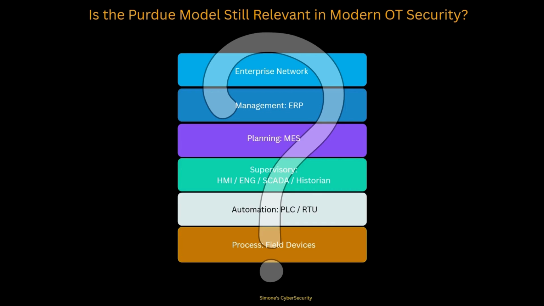As we move forward in the course, when we discuss modern OT security architectures, remote access or cloud data flows, you can still trace many of those ideas back to the principles of the Purdue model. So while the Purdue model might be evolving, its core idea, separating control layers and defining clear trust boundaries, is more important than ever in protecting modern industrial environments.